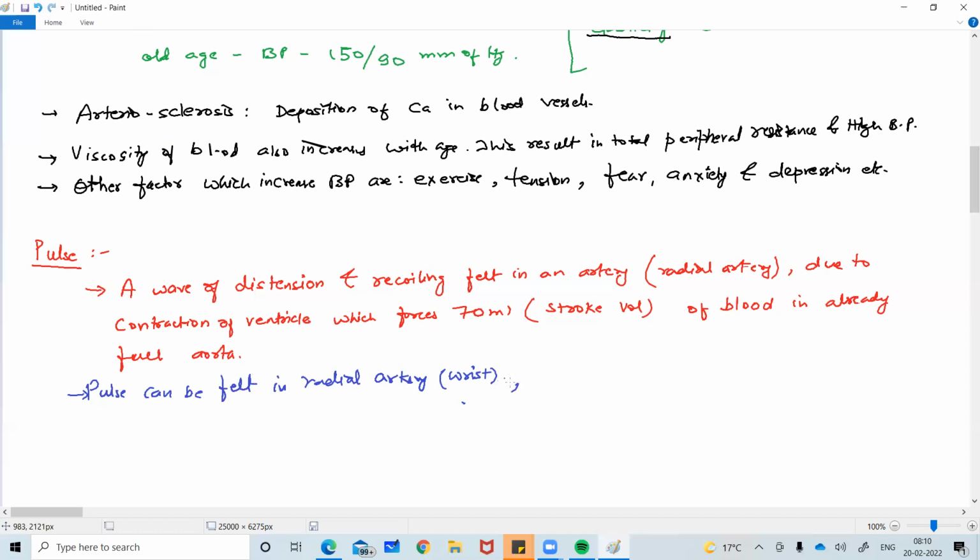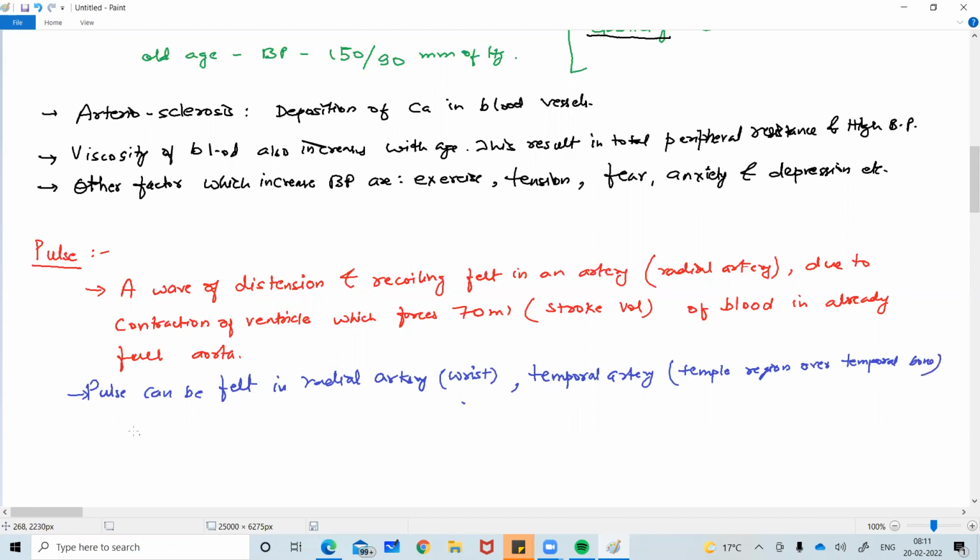Then temporal artery. Temporal artery is the temple region over temporal bone. I will show you the position. Temple region over temporal bone.